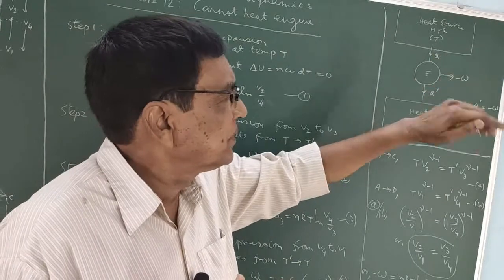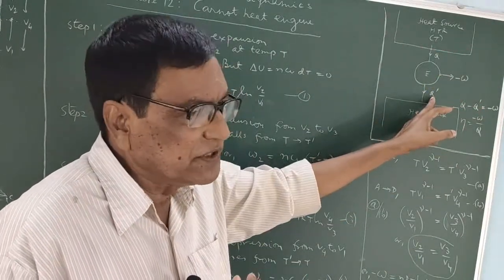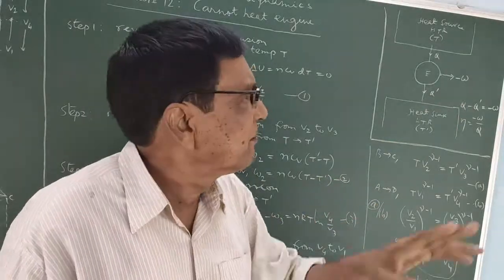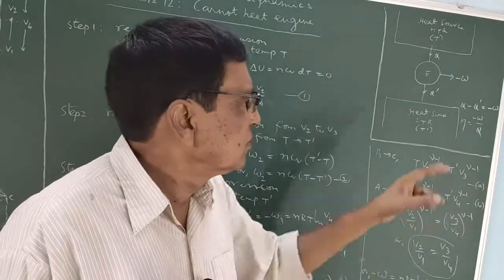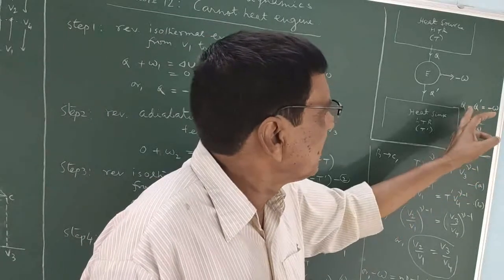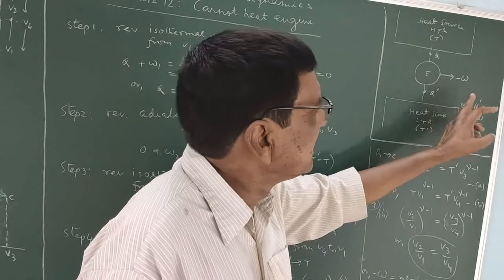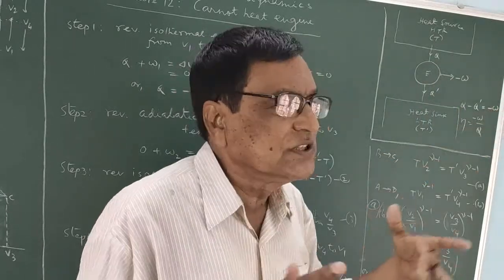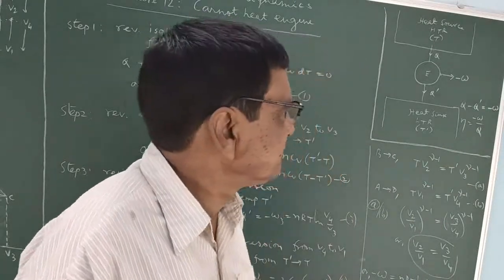This energy could not be converted into mechanical work by this heat engine, so it is thrown to this sink. Naturally, Q is taken by this engine, Q dash is rejected by this engine, and minus W is the amount of work done by the engine.